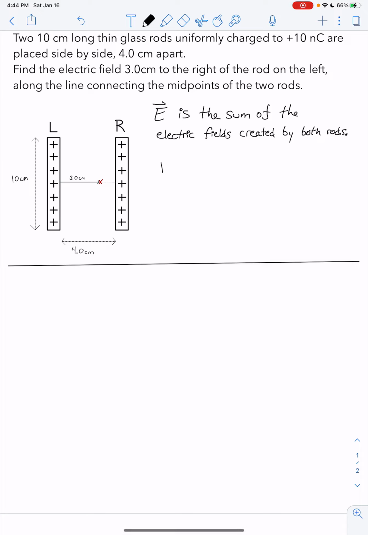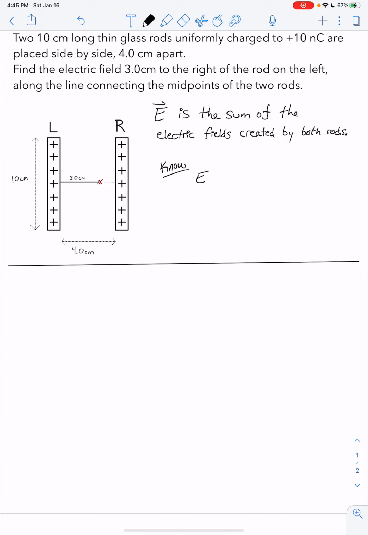The other thing we already know is an equation for the electric field caused by a charged rod along this midpoint line, and that can be derived considering the symmetry of both sides of the rod.